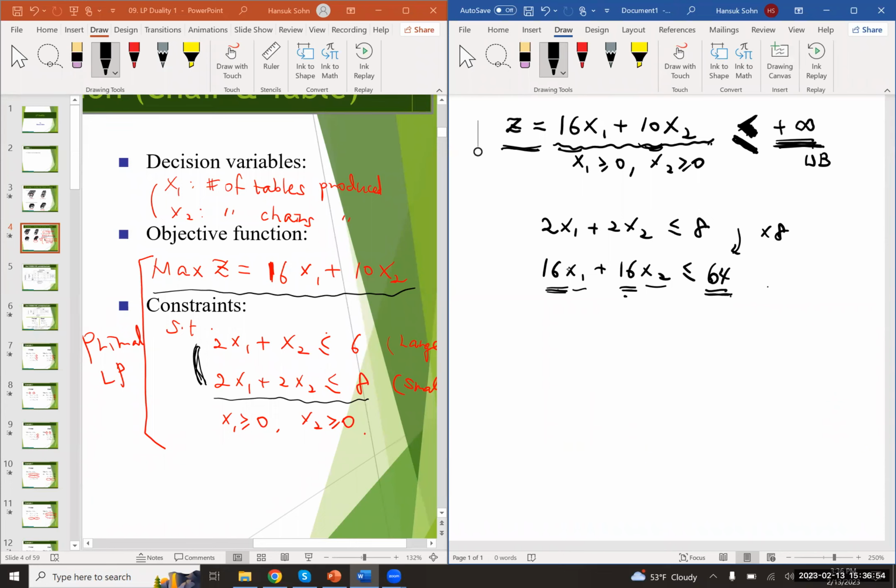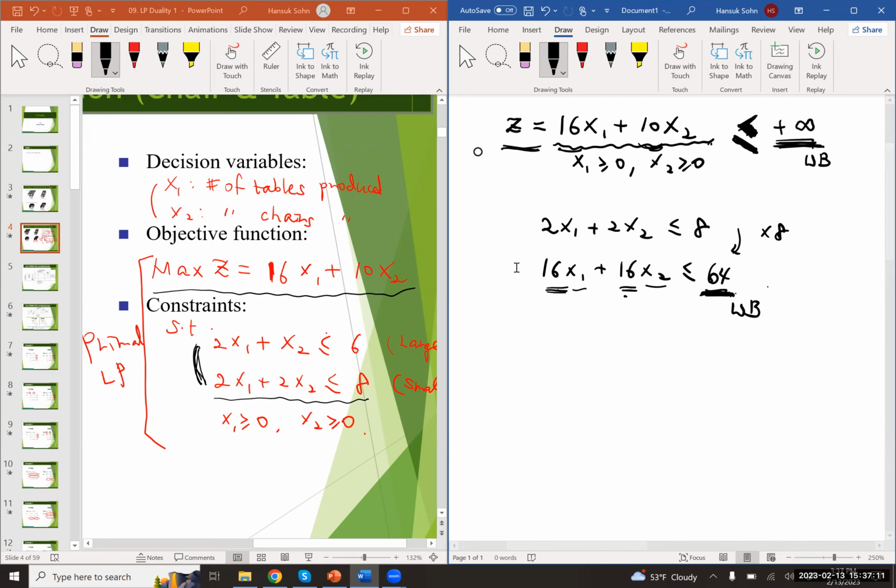Is that correct? So as of now, this value 64 is going to be our new upper bound, right?